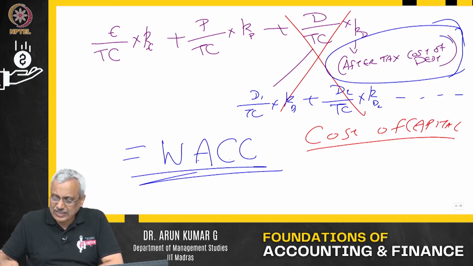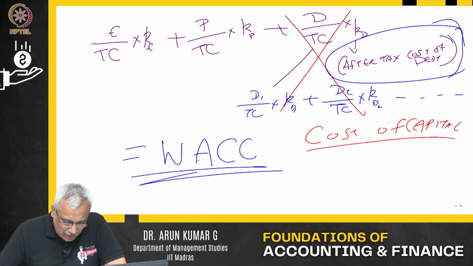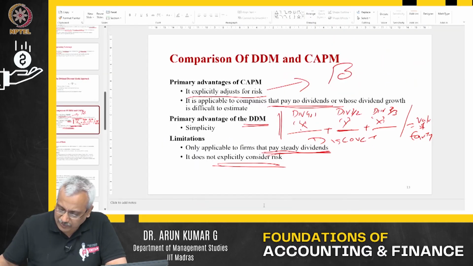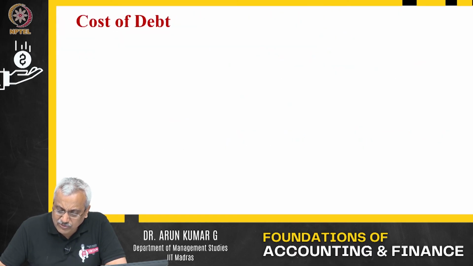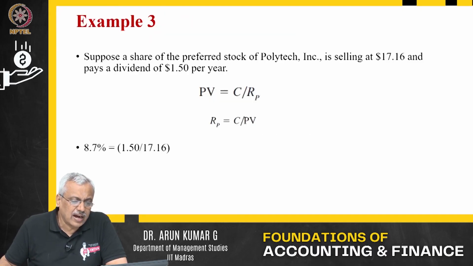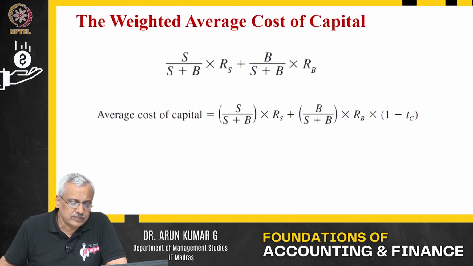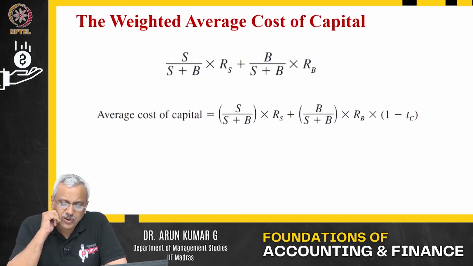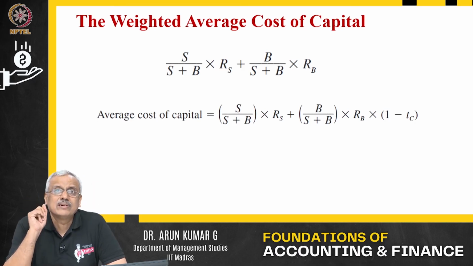This is what we call the weighted average cost of capital. That is what we finished, and this is what we are going to do. So, we next go towards the weighted average cost of capital.